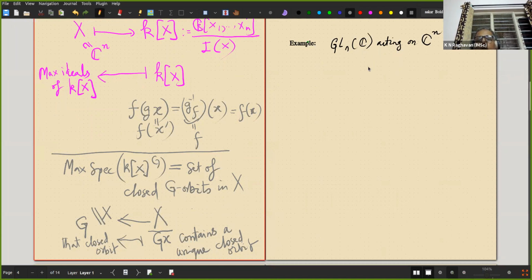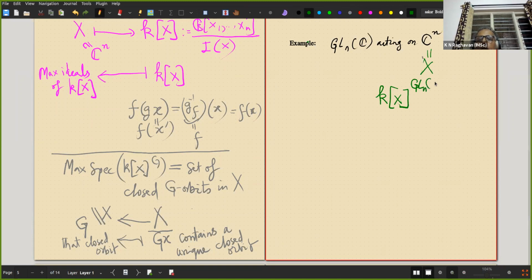If I take this to be my X, and if I look at k[X], the ring of functions, which is the polynomial ring in n variables, there is an action of GLn(C) on that.